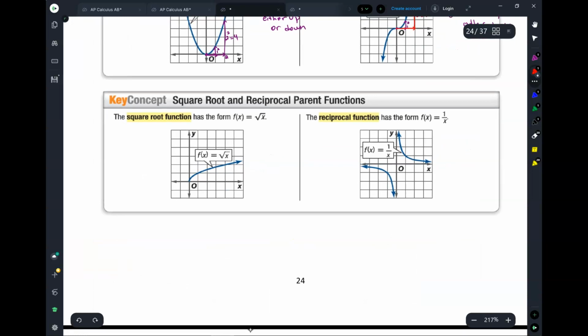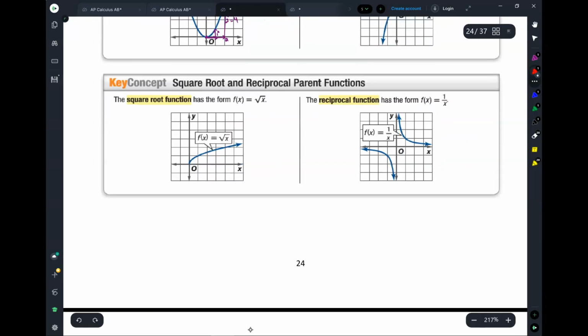Next up, square root and reciprocal functions. All right. So here is a square root function. F of x is equal to root x. The thing about this is, if you just look at the root x and you look at the domain, you know that anything inside should be greater than or equal to 0.